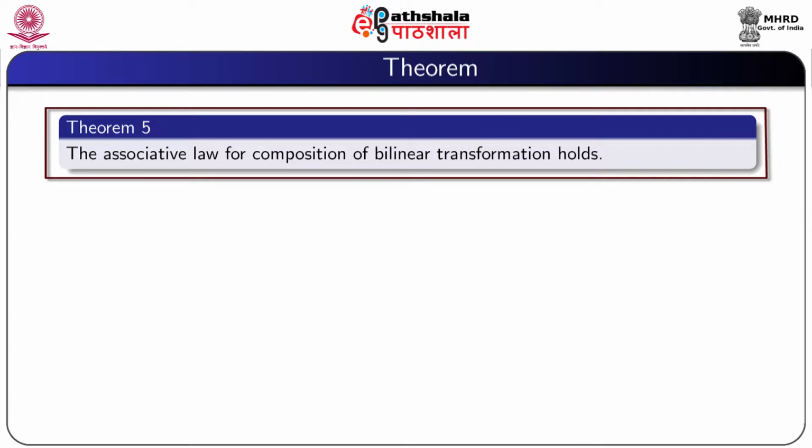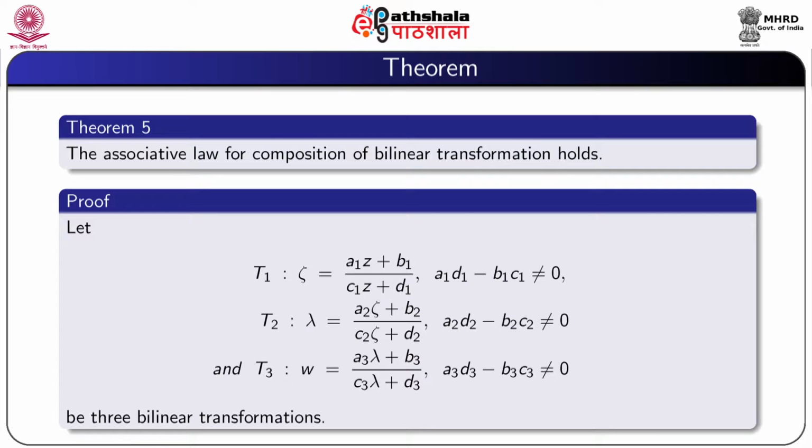Now, we show that the associative law for composition of bilinear transformations holds. So, we consider 3 bilinear transformations T1 from z plane to zeta plane, T2 from zeta plane to lambda plane, and T3 from lambda plane to w plane.